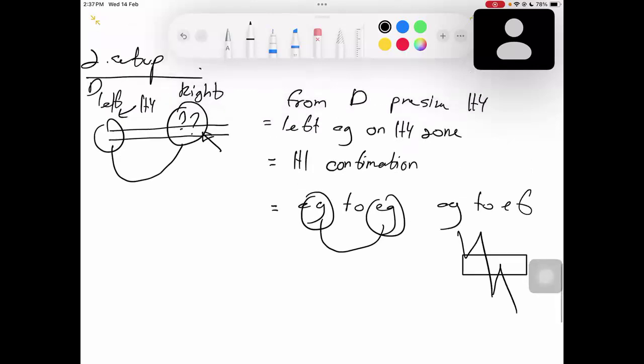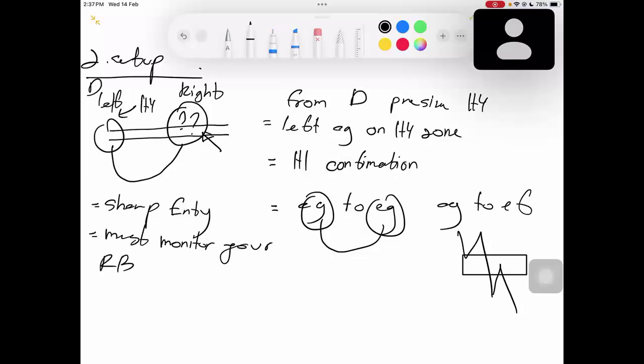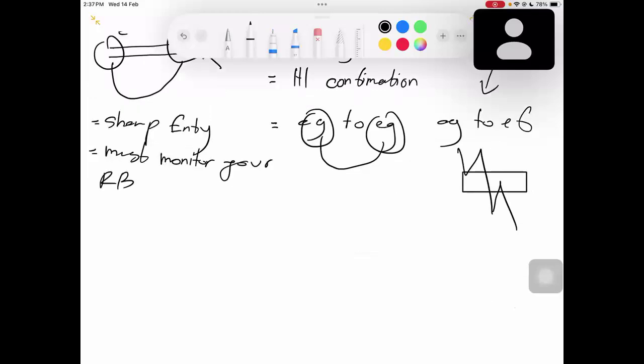For this kind of setup, you will get sharp entry, but you must monitor your route block. Because of what? You already precise to H1. If EG to EG on H1 is already complete, we will pop EG on H4.